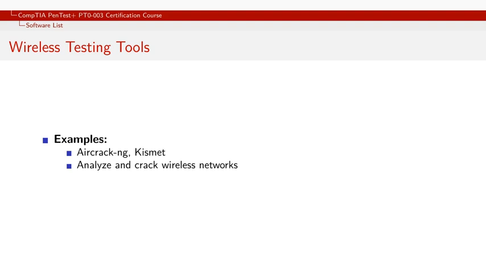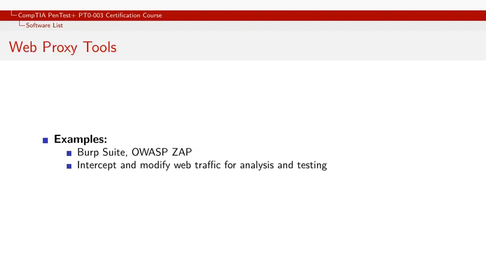These tools are invaluable for understanding and evaluating the security posture of wireless networks, making them essential for any pen tester specializing in wireless security. In this course, we're looking at essential tools for penetration testing, which is crucial for the CompTIA PenTest+ PT0-003 certification. The current focus is on web proxy tools.